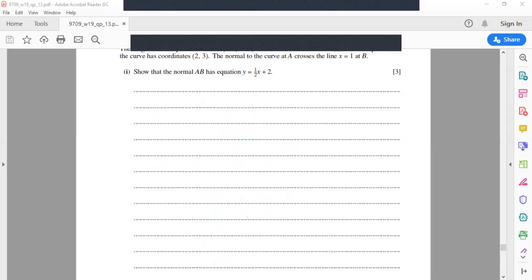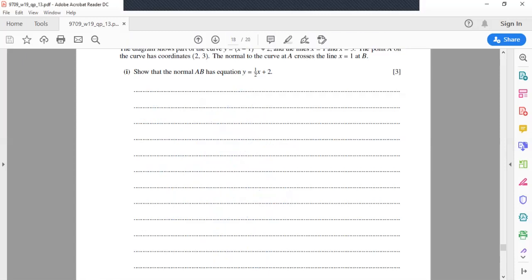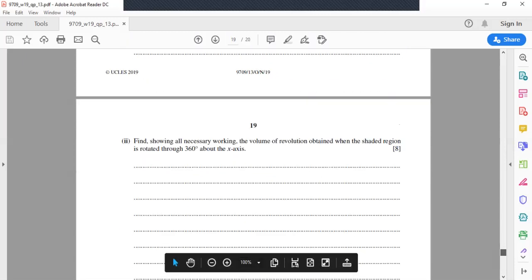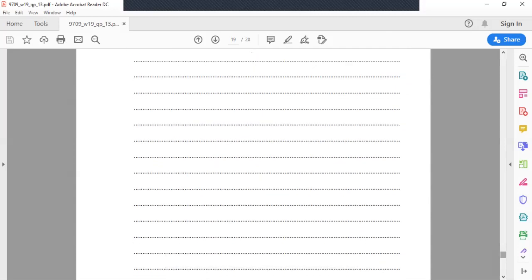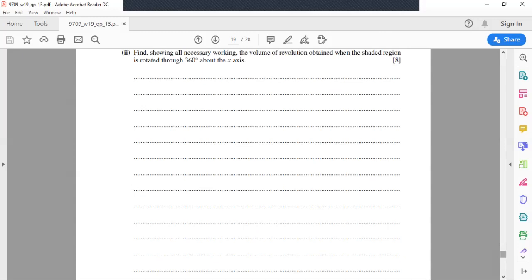What does it say? Find, showing all necessary working, the volume of the revolution obtained when the shaded region is rotated 360 degrees about the x-axis. Okay, that's fine.